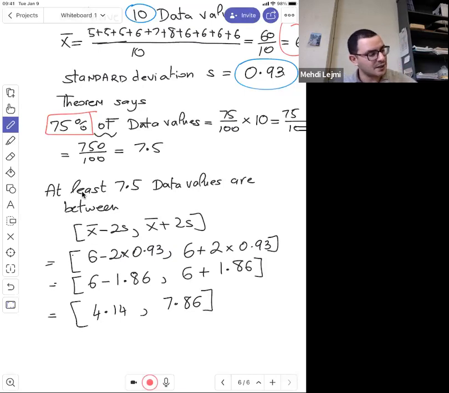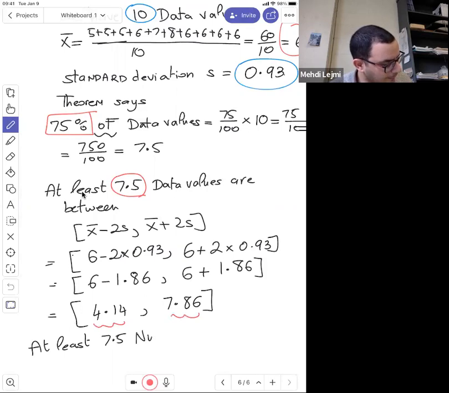So what we are saying is the theorem says that at least 7.5 data values, out of the 10, are between these two numbers, between 4.14 and 7.86.